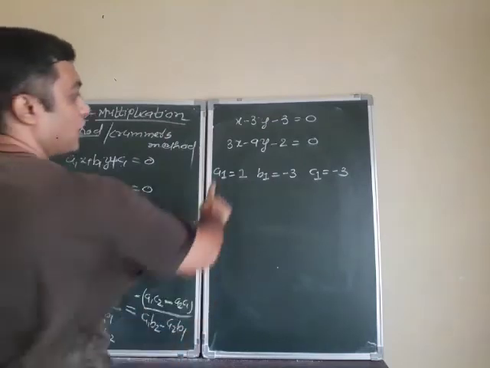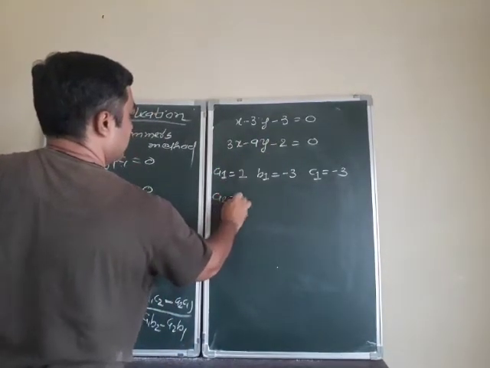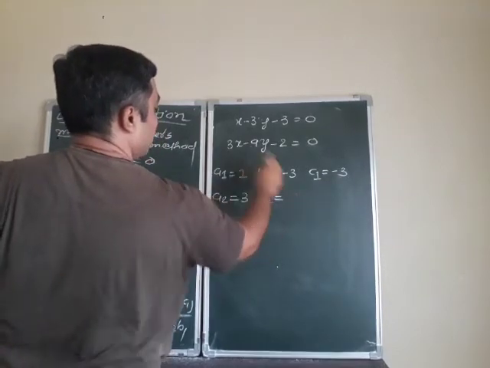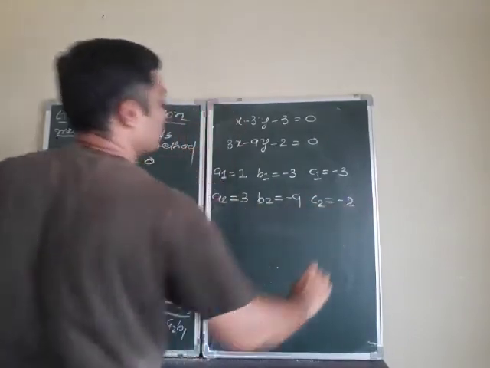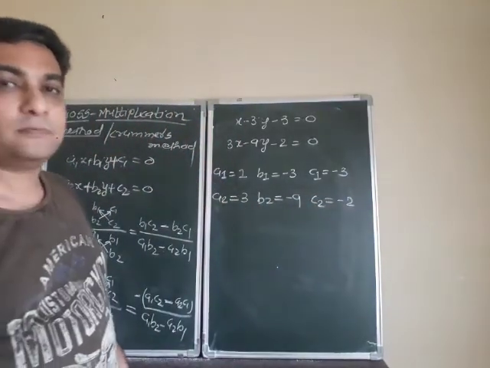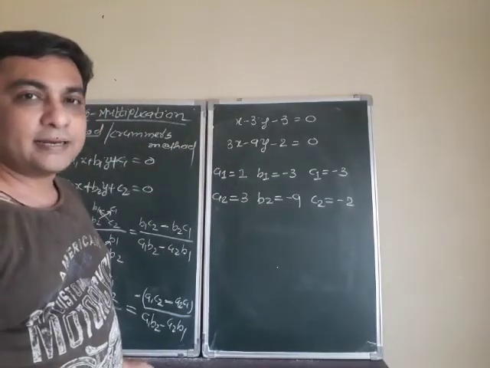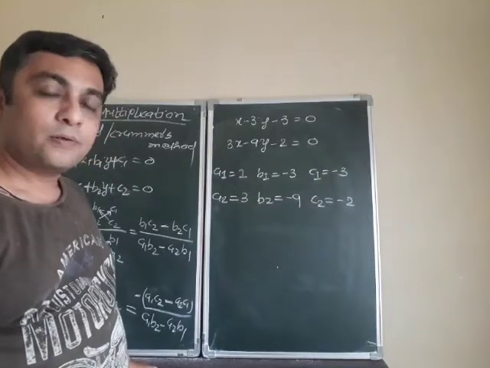Okay. Now compare this with a2x plus b2y plus c2. So a2 is equal to 3, b2 is equal to minus 9, c2 is equal to minus 2. चलिए, ready? Now check whether it has a unique solution, infinitely many solutions, or no solution.